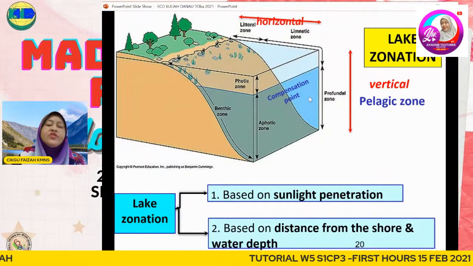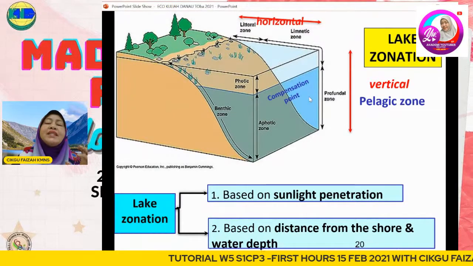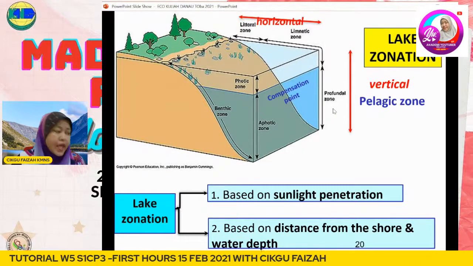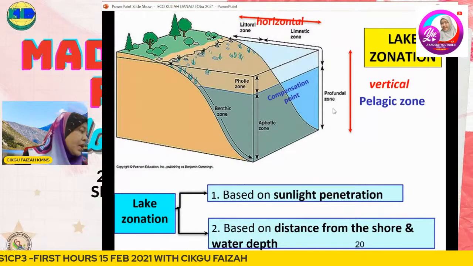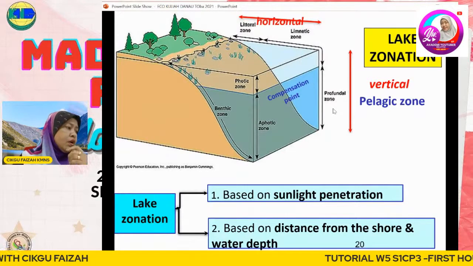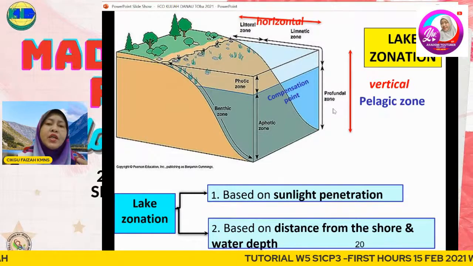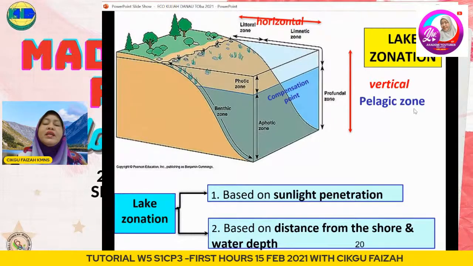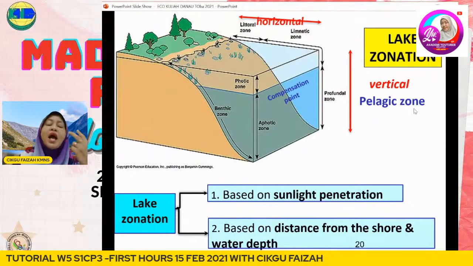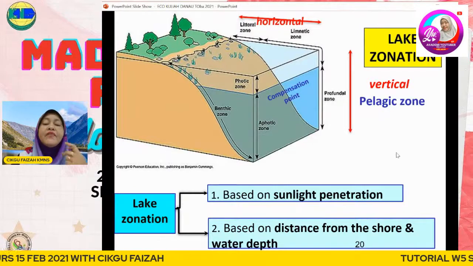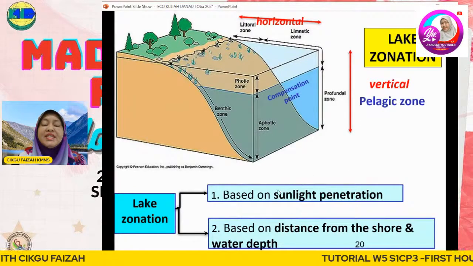This is what scientists apply. They use the abiotic component to create the concept of what we call zonation, the lake zonation. So the lake zonation is based on abiotic factors. The first abiotic factor is the sunlight.